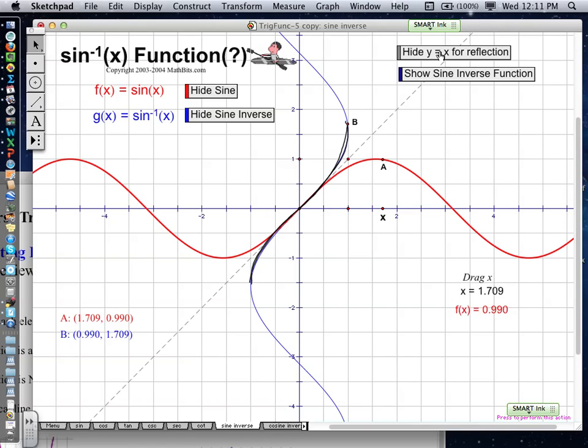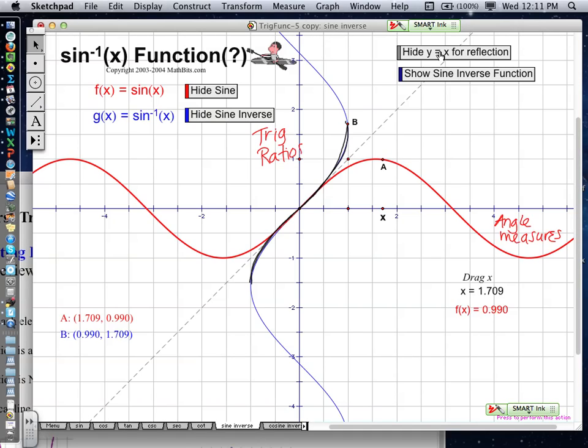So if we take this original function, remember on this axis these values represent angle measures, and these are radians or degrees, and along the y-axis, that represents the trig ratios.